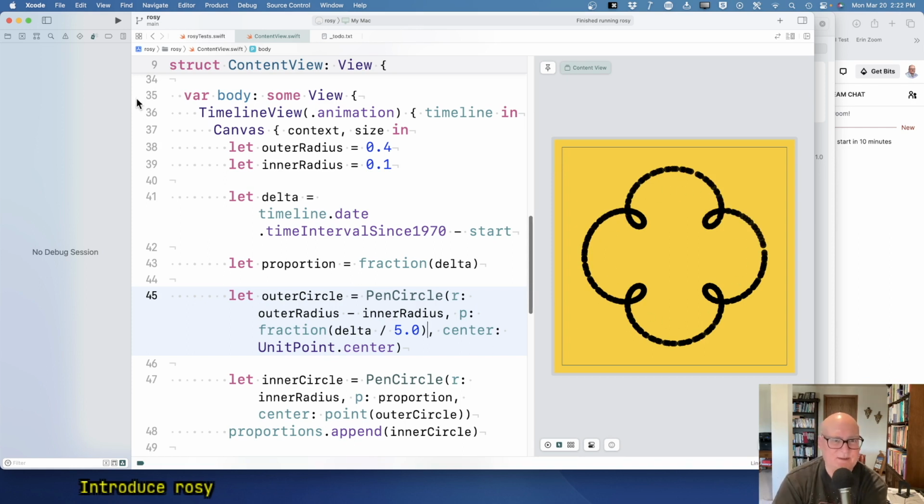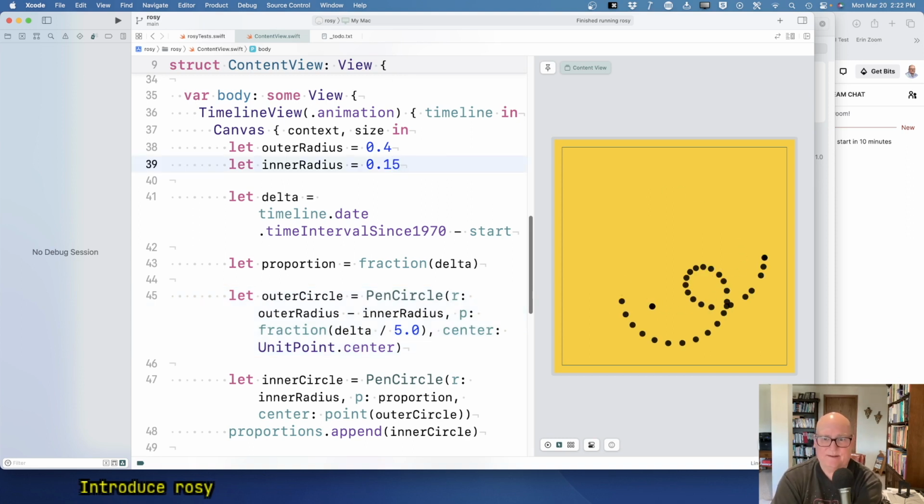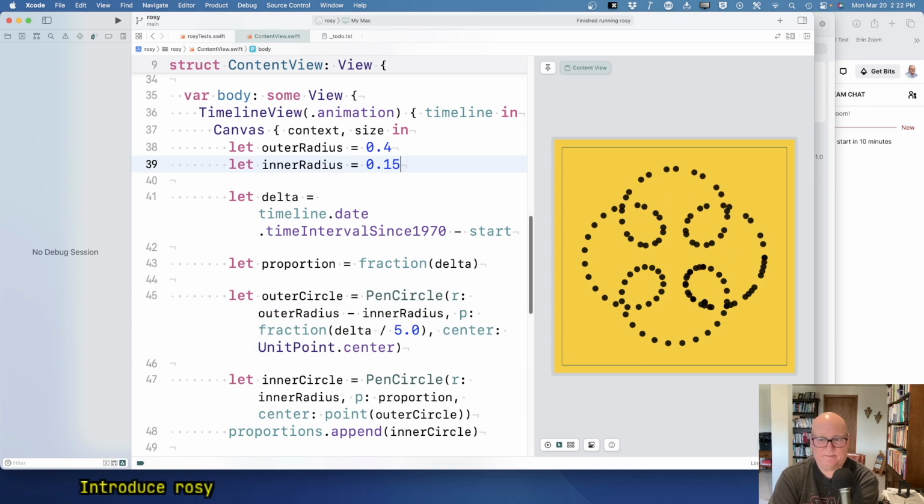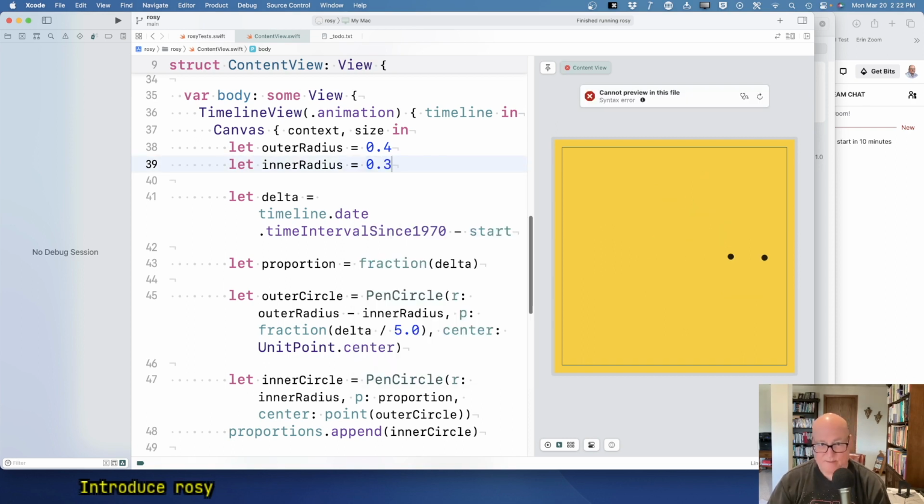Okay, let's change some numbers. Okay, we're getting 4 rosettes. Is that a function of... Let's make it 0.3.